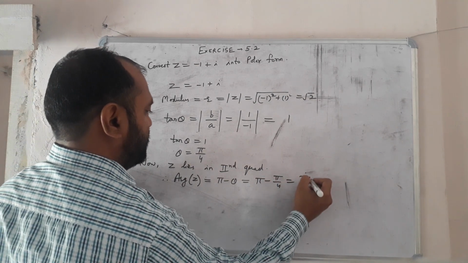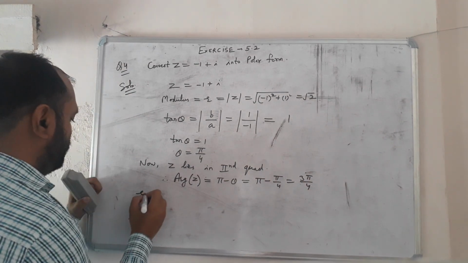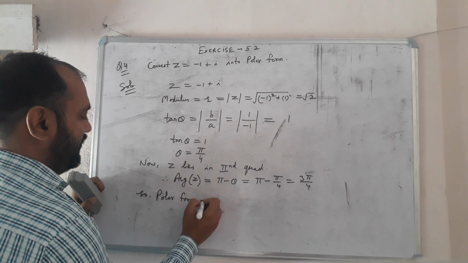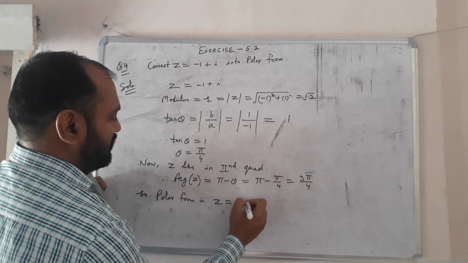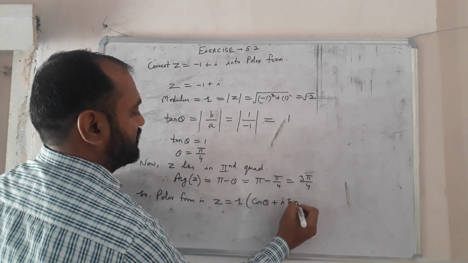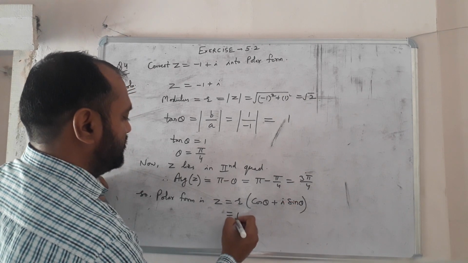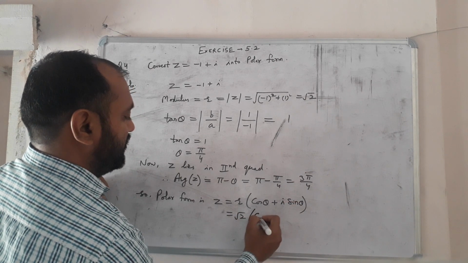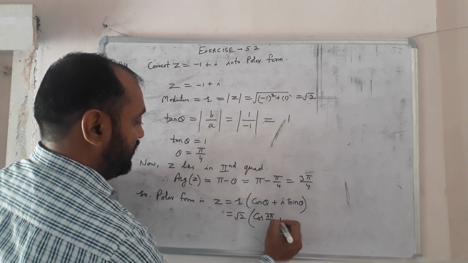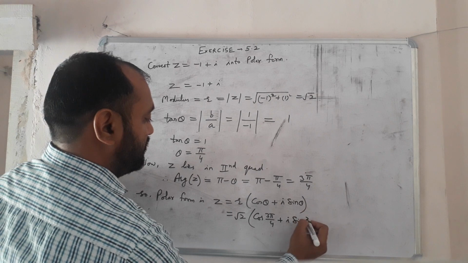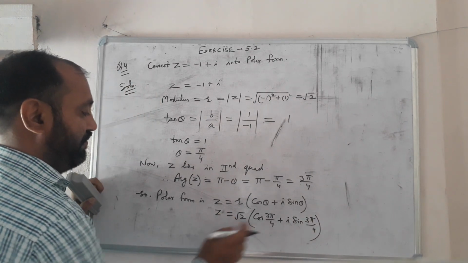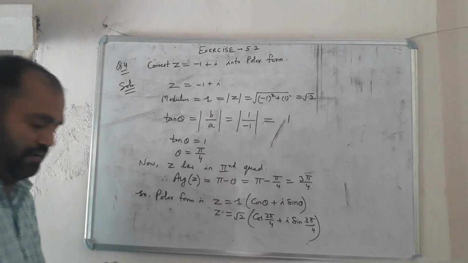So the answer is 3 pi by 4. So the polar form is z is equal to r (cos theta plus iota sin theta). So r is root 2 and theta, this is the argument, so you have to write 3 pi by 4 here, cos 3 pi by 4 plus iota sin 3 pi by 4. So this is the polar form of this complex number.